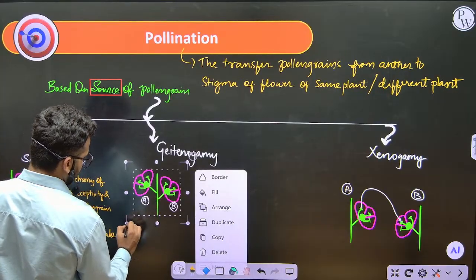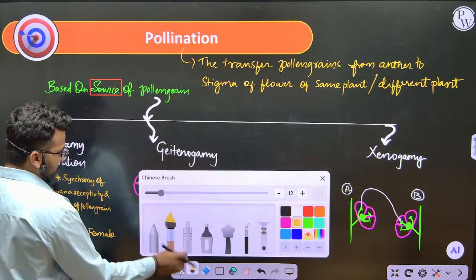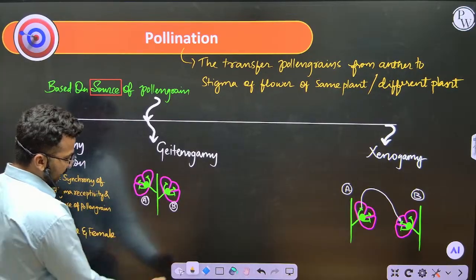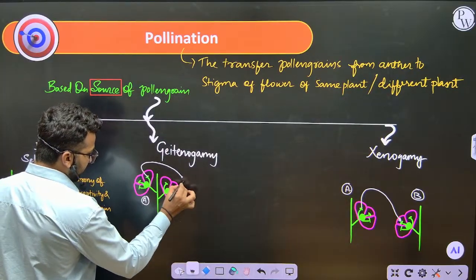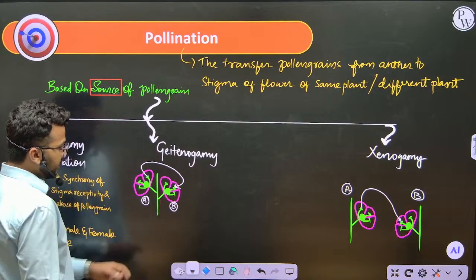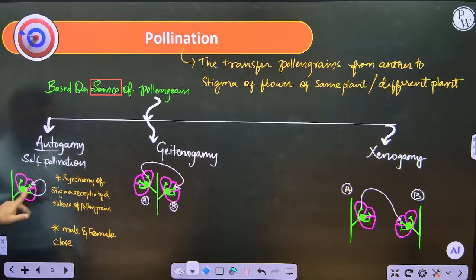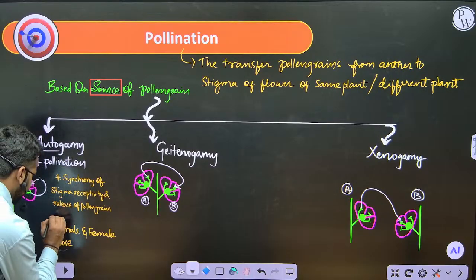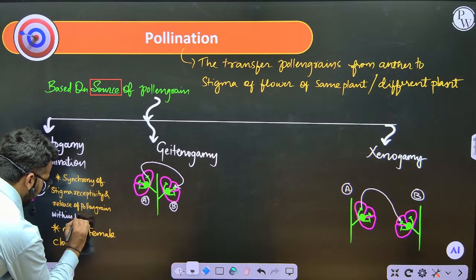Geitonogamy, the transfer of pollen grains is taking place from anther to the stigma of a different flower of the same plant, not within the same flower. In autogamy, the condition is that it should take place within the same flower.